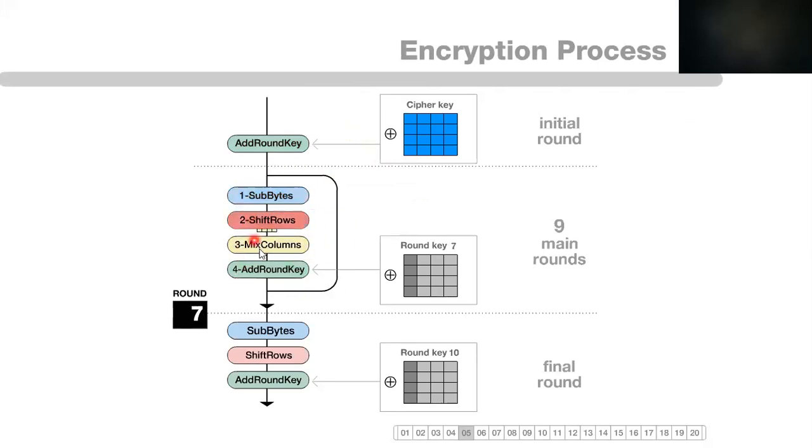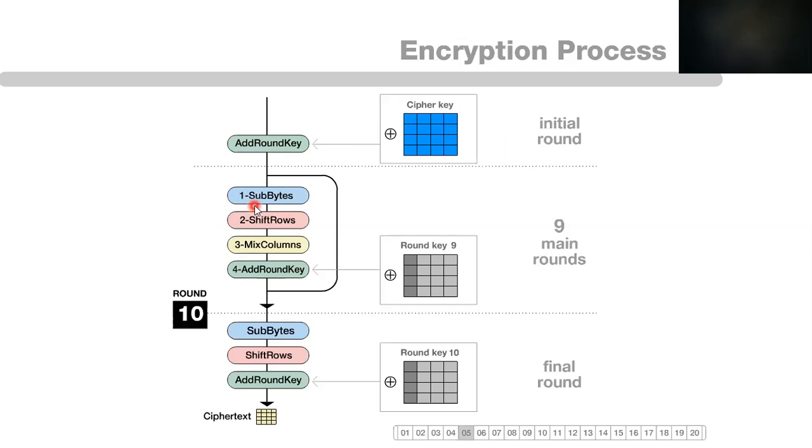You can see that for each round, these 4 fundamental steps are performed. Through the animation, in the initial round you just add a round key to the given plain text, and then perform the sub byte transformation, I mean to say the substitution boxes.